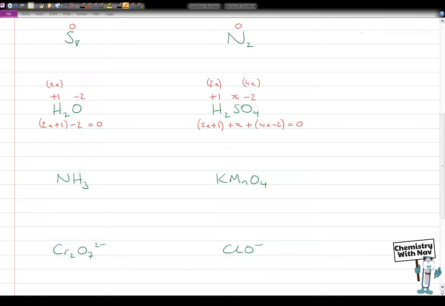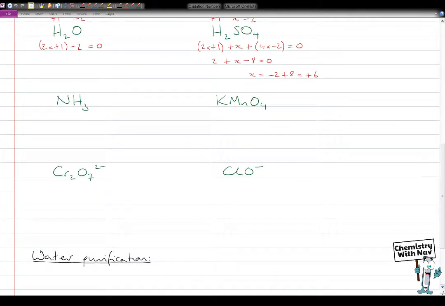That all comes to 0 because, again, the charge on sulfuric acid, H2SO4, is 0. There is no +1 -1 charge after it. So this gives us now 2 plus X minus 8 is equal to 0. And if you take that to the other side, X is equal to -2 plus 8, which is equal to +6. So the sulfur in that has a +6 oxidation state.